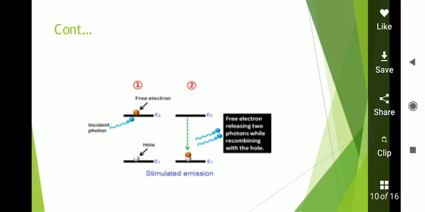At the time of stimulated emission, a photon energy is provided to the atom. So the emitted photons will be in the same phase as the incident photons, thus generating a monochromatic bright light.